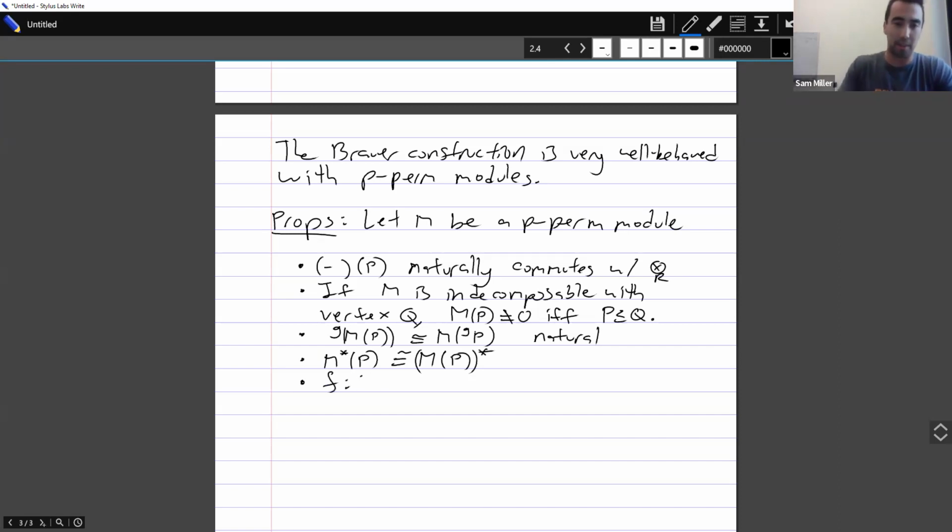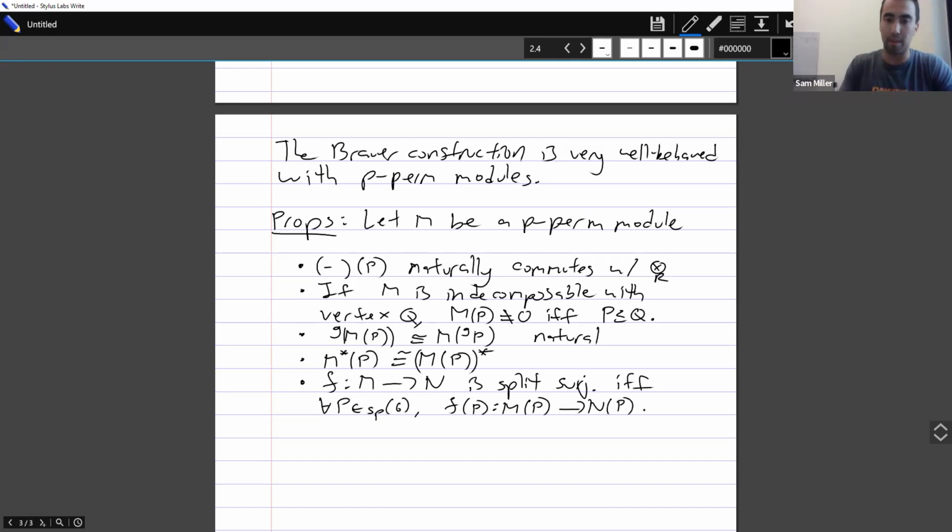So I'll just write it in brief: F from M to N, where N is also p-permutation, is split surjective, and follows dually for injective, if and only if for all p-subgroups P, F(P) from M(P) to N(P) is surjective.